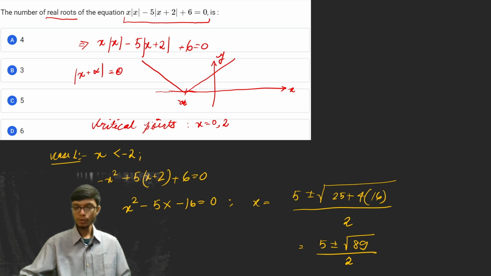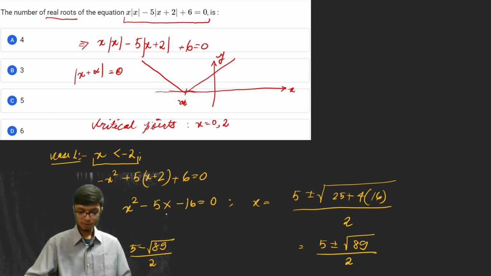All right, so if I look at this particular value, what I need is the value of x which is less than minus 2. But if you look at the situation, x is equal to 5 minus root under 89 divided by 2. If you take the plus sign, it is obviously rejected, because 5 plus root under 89 is not less than minus 2.